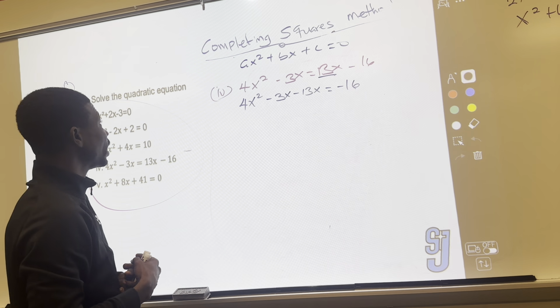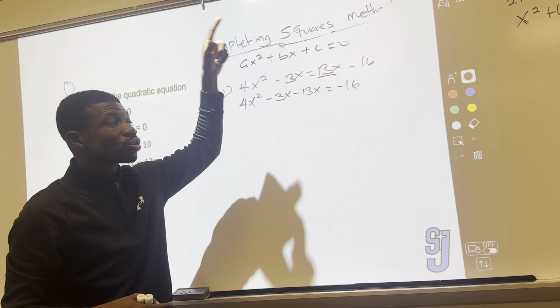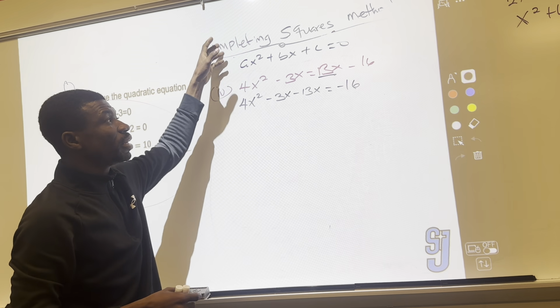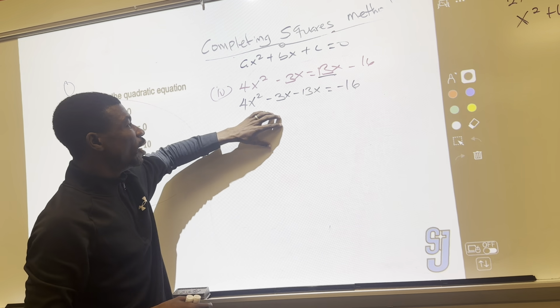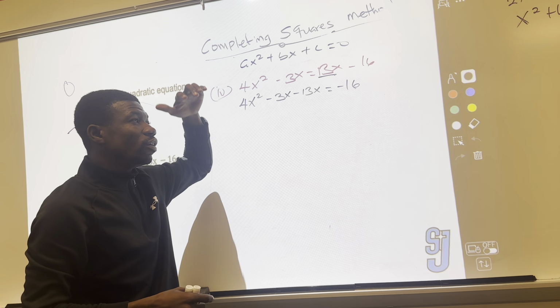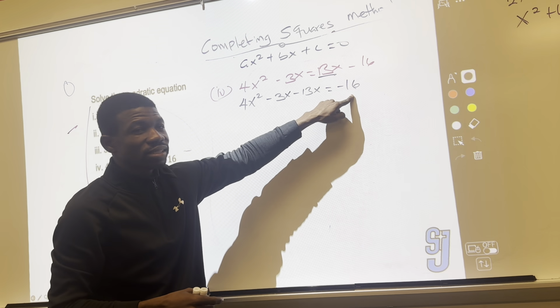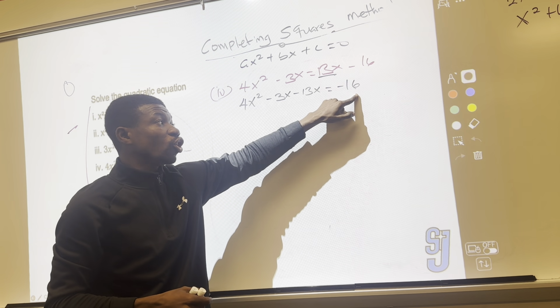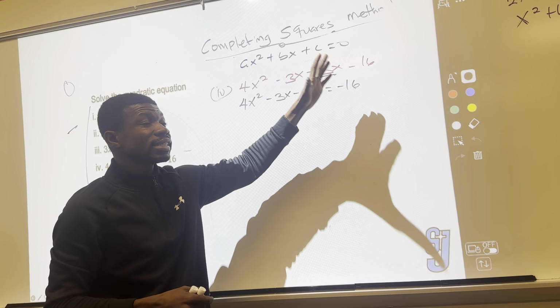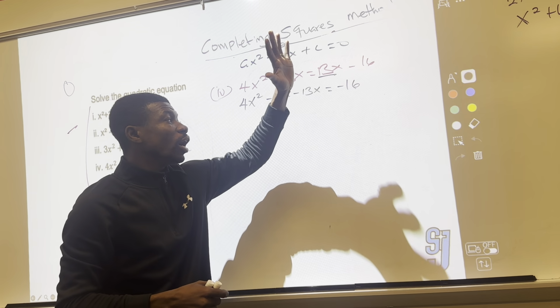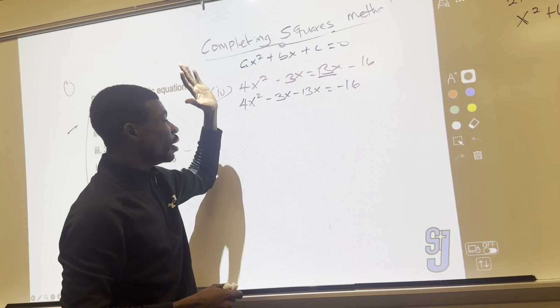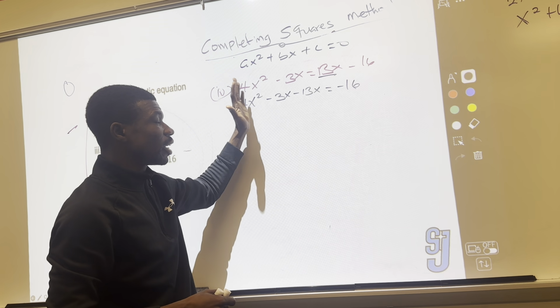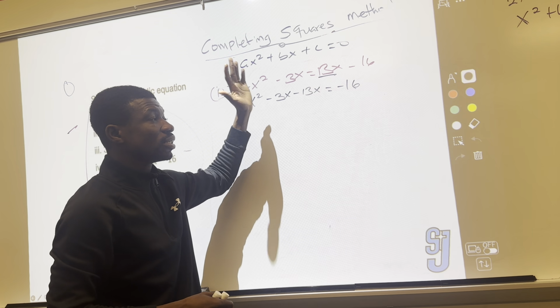And once again, I'm talking about the completing the square method. If we are saying solving using factoring, then this method is not applicable, because factoring always expects us to move everything so that it is x squared plus bx plus c.